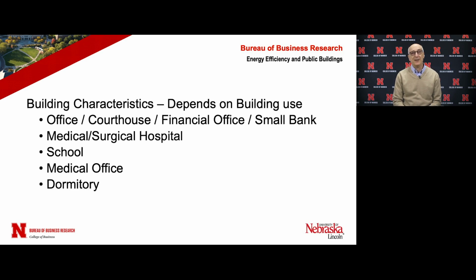And the building characteristics that we need to measure depend on the type of building that we're looking at. And it falls into, you can see here, 5 categories. The first one would be for offices, courthouses, financial small bank. Next one would be medical or surgical hospitals, schools, medical offices, dormitories.